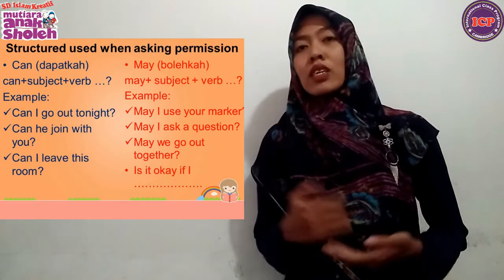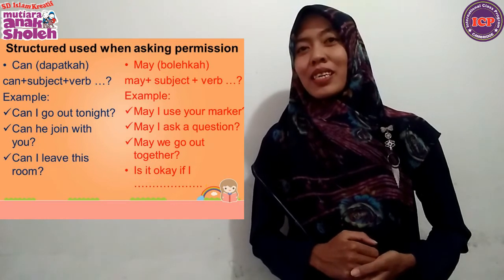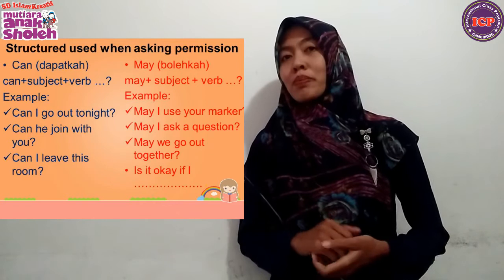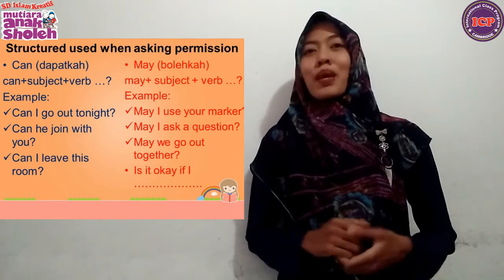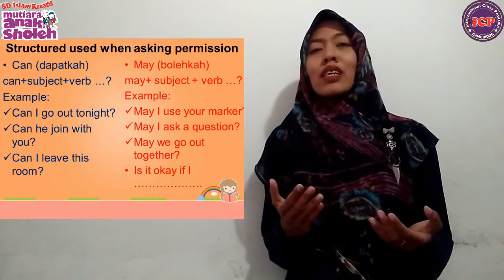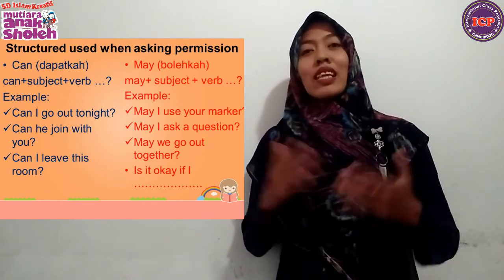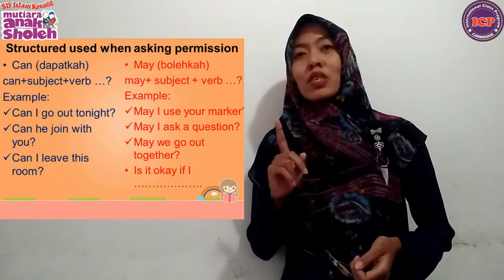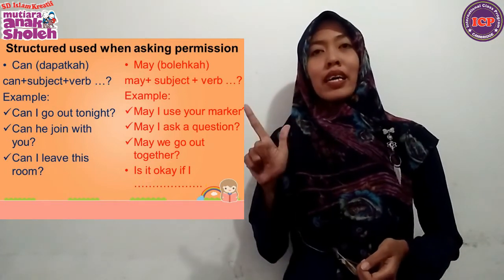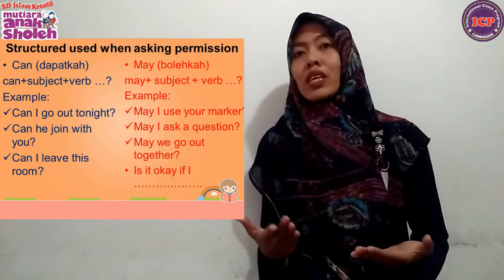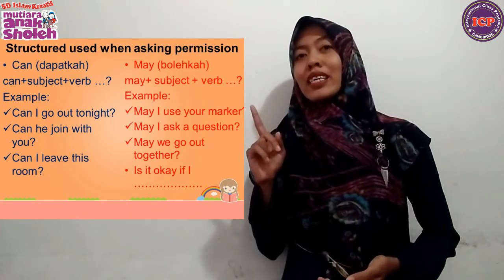May I ask a question? May he leave this room? May I use this marker? That's about asking permission. We use can I, may I, or we can also use is it okay if I blah blah blah.